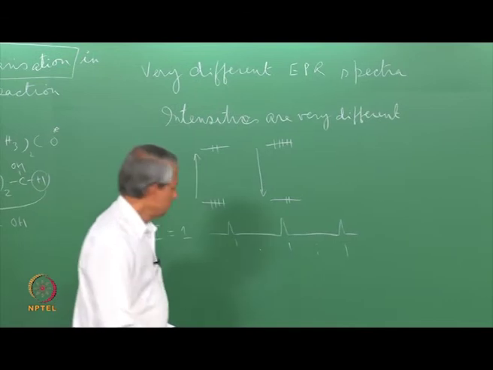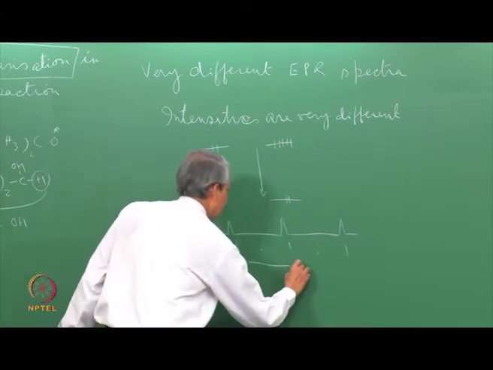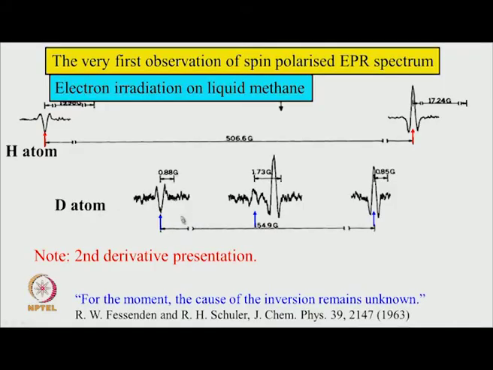Instead, what they found was that this is negative, this intensity is not very big, and this is the opposite one here. So, this is negative intensity, this is positive but small, this is the more positive one, this is something else. So, this is the first observation that something unusual was happening, and they wrote in their paper that for the moment the cause of the inversion remains unknown.